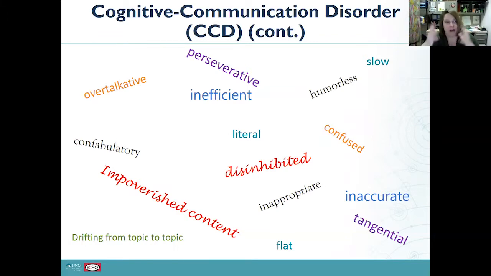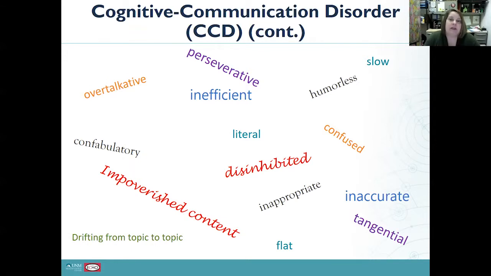We also have a lot of collective community knowledge about, hey, these patients report that the main reason they can't have friends or get a job is because of these communication issues. But we haven't really had good ways to assess or treat cognitive communication disorder until very recently, when it's being recognized and built.